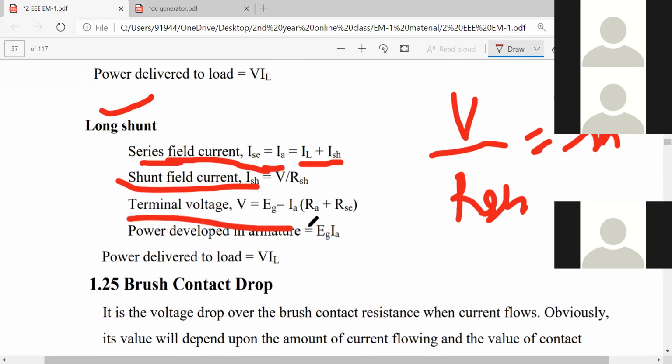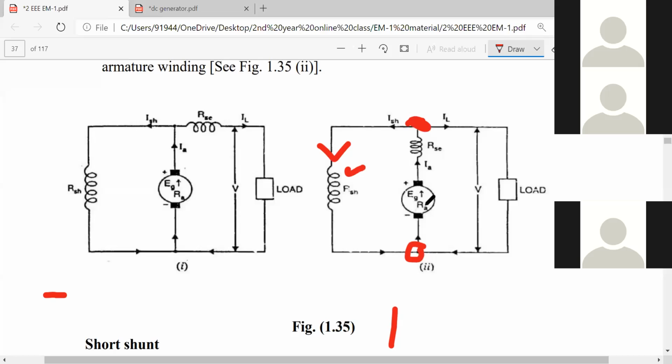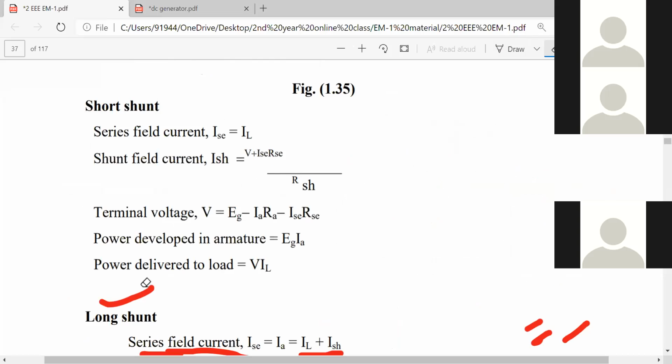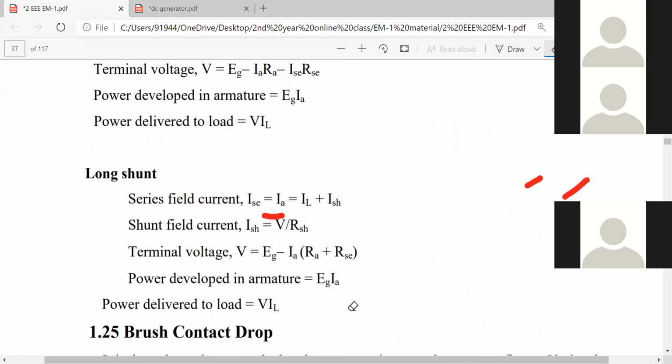Next, terminal voltage. How do we calculate terminal voltage? First, generated EMF: voltage generated across the armature. This Eg equal to this drop plus this drop and V. The Eg equal to Ia, Iseries, Rseries plus V. So the first equation, terminal voltage.